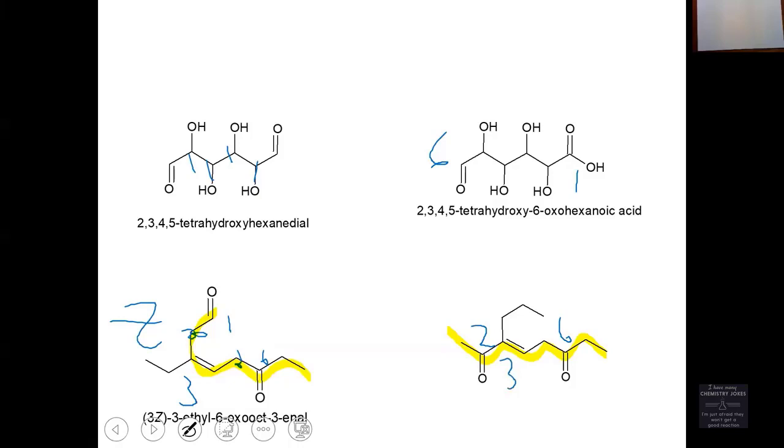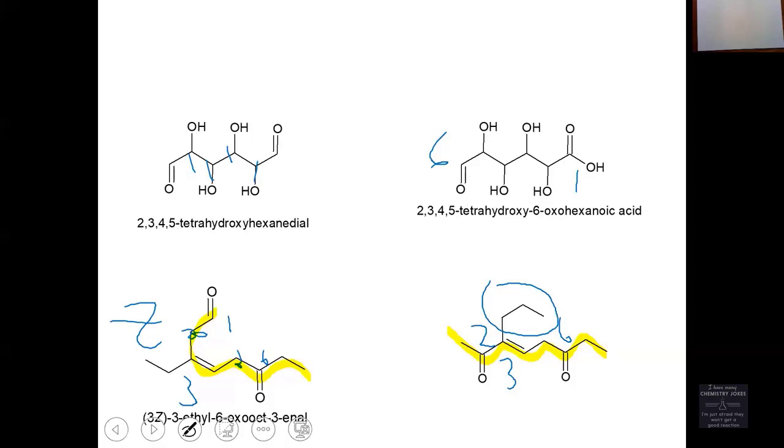So you could name it a 3-octene 2,6-dione, or oct-3-ene 2,6-dione, but that's still not the full name. We still have this 3-carbon chain hanging off up here. That's a propyl. It's a 3-propyl, 3-octene 2,6-dione.